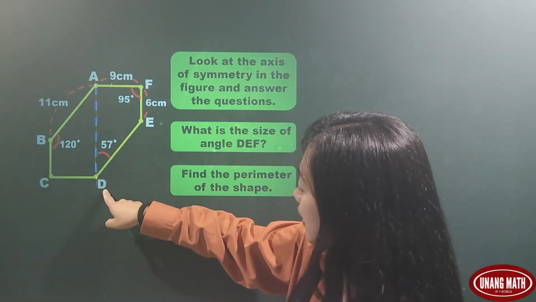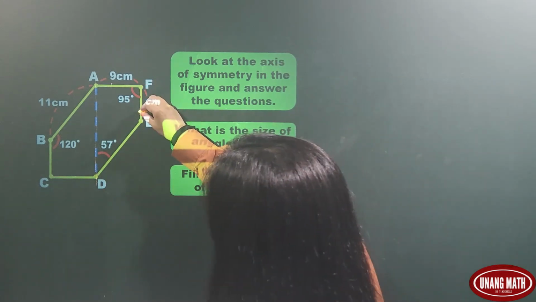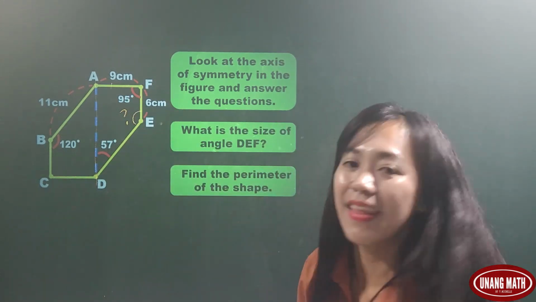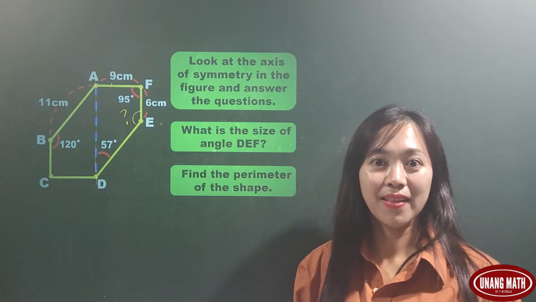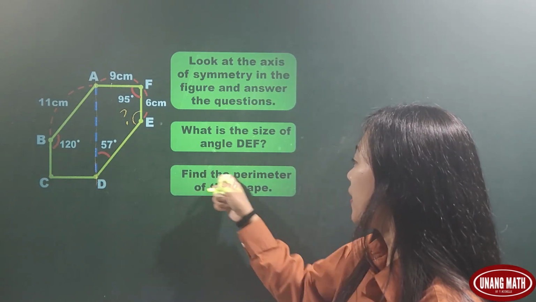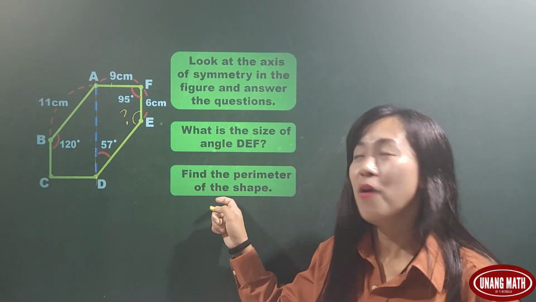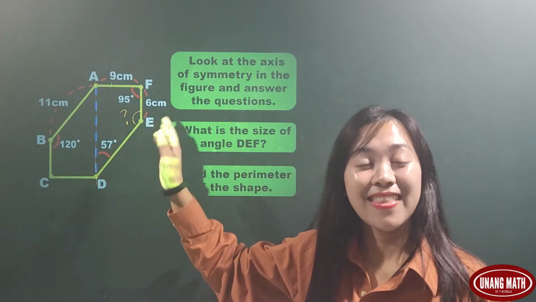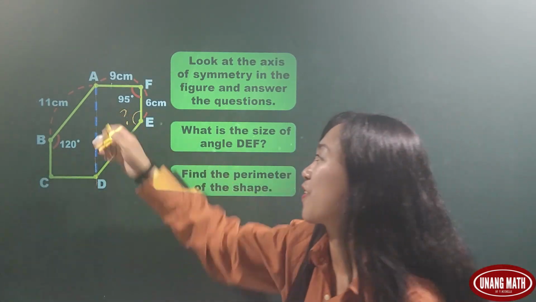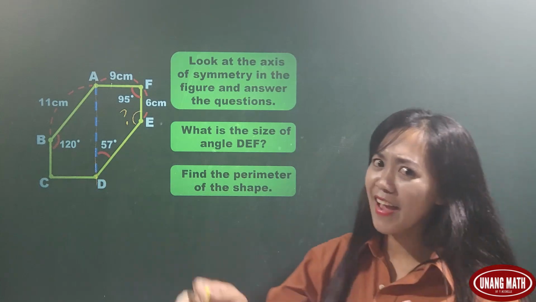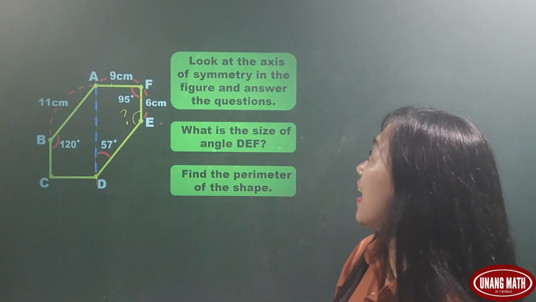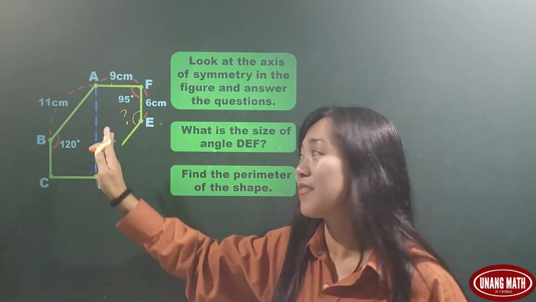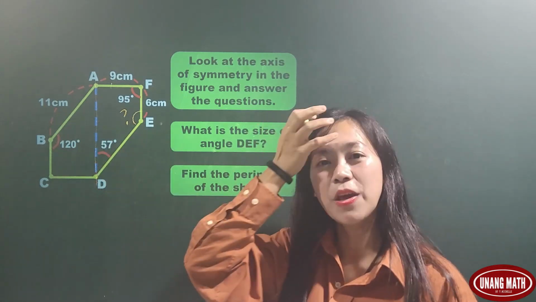So, where's angle DEF? Ang angle na ito, ang kailangan nating alamin ang measurement. At ang pangalawang tanong, find the perimeter of the shape or ang total length ng figure or ng shape na ito. Gaya ng sinabi ko kanina, ang axis of symmetry divides the figure into two equal parts.